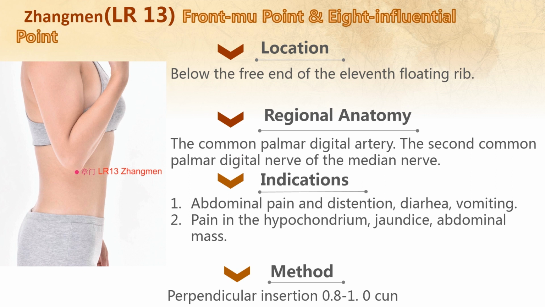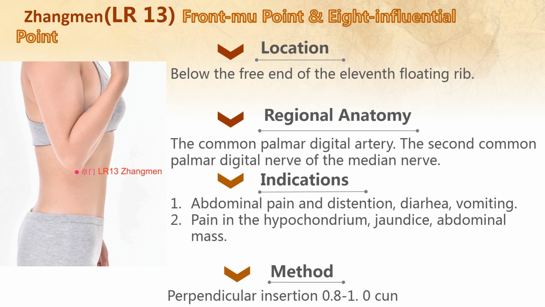Zhangmen LR13 is the front-mu point and the influential point of the zang organs. Its location is below the free end of the 11th floating rib. Its regional anatomy is the terminal branch of the 10th intercostal artery, and the 10th and 11th intercostal nerves.